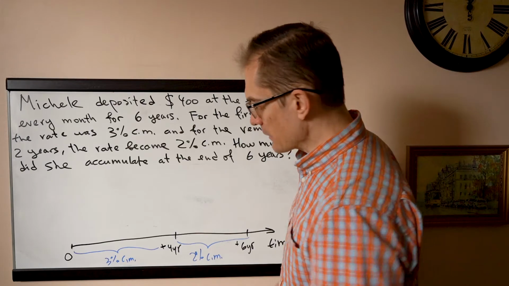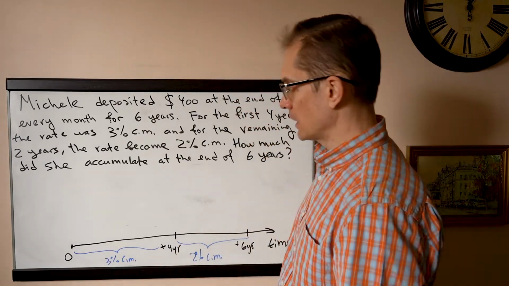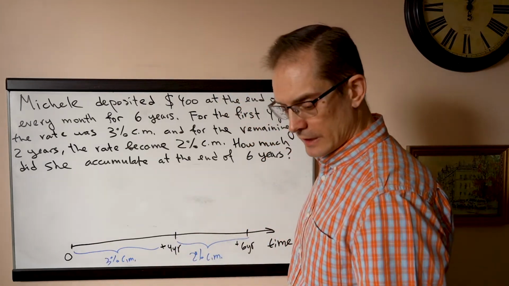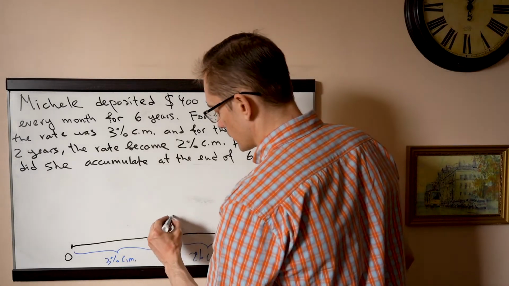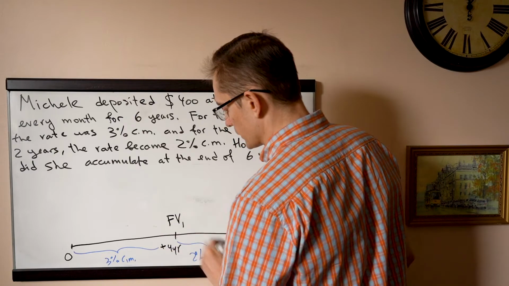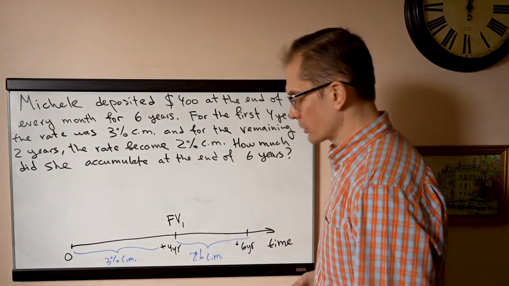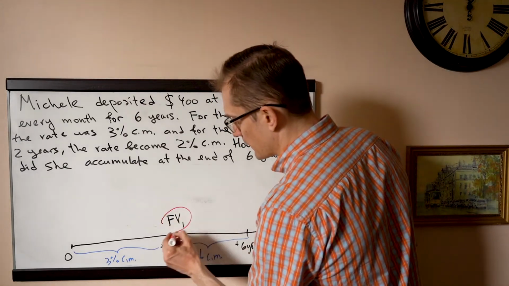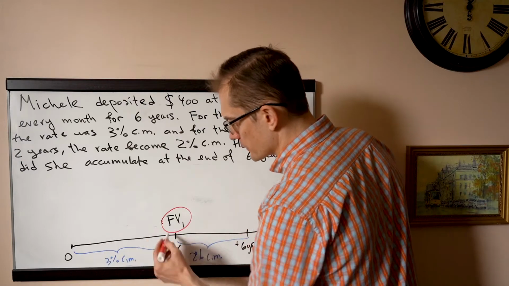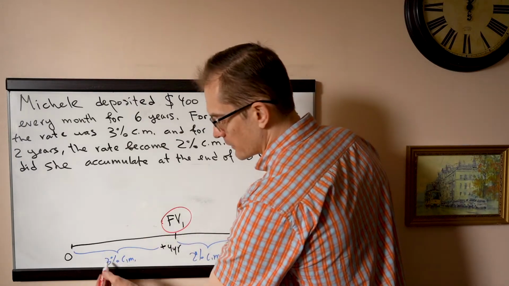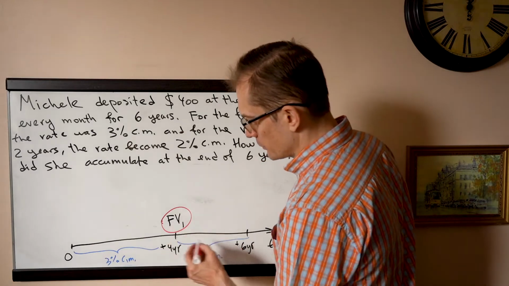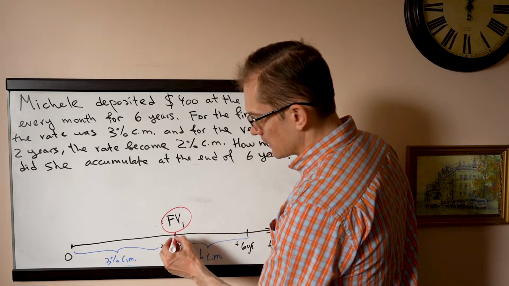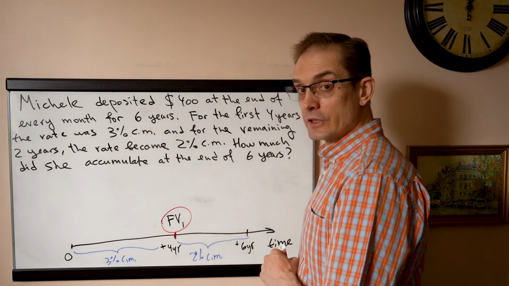So this first annuity will result in a future value, right? So let's just call that future value 1, okay? And what is really important to realize is that that future value of that first annuity, the one with 3% compounded monthly, so that future value of the first annuity will be as of 4 years from now.